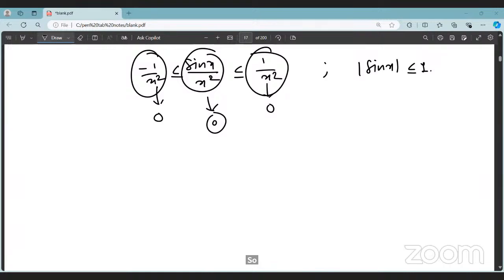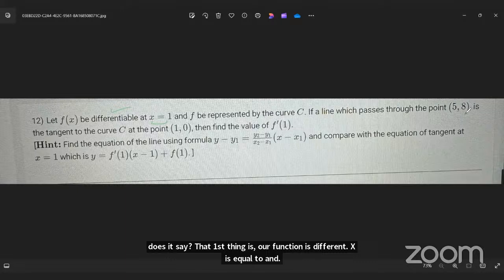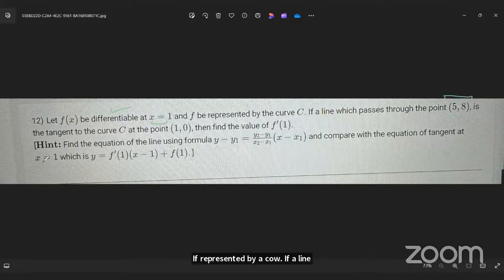I'm talking about the question which was posted. So in this question, what does it say? First, our function is differentiable at the point x equals, and f is represented by a curve C. If a line which passes through the point 5,8 is the tangent to the curve C at point 1,0.